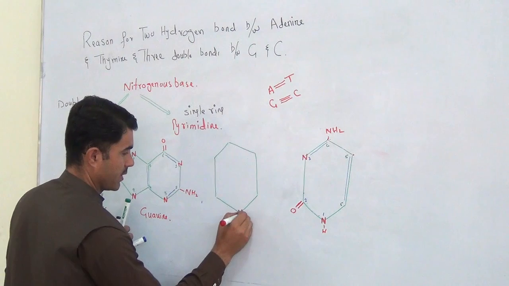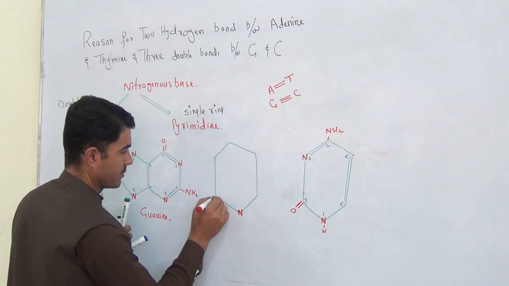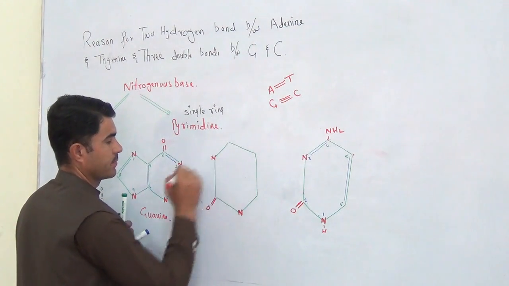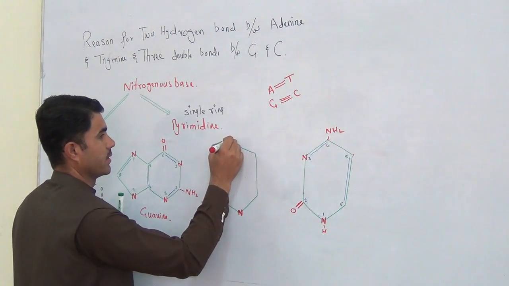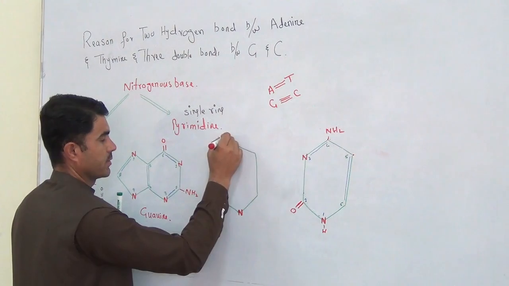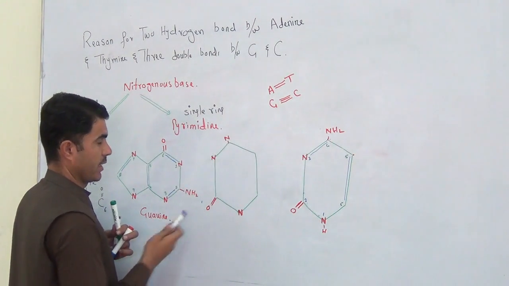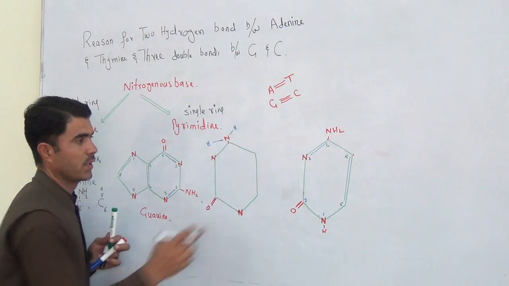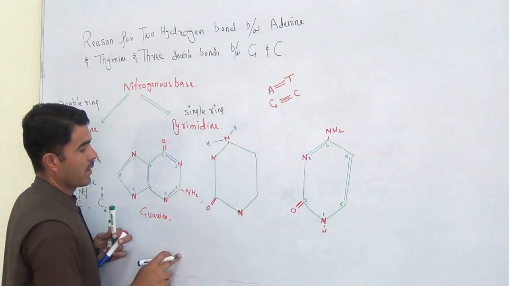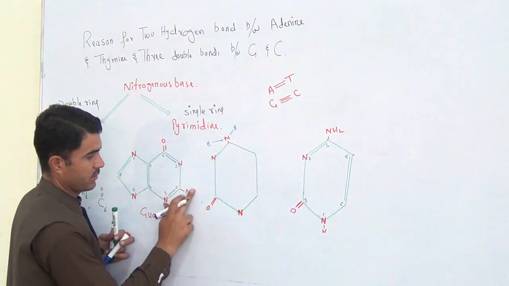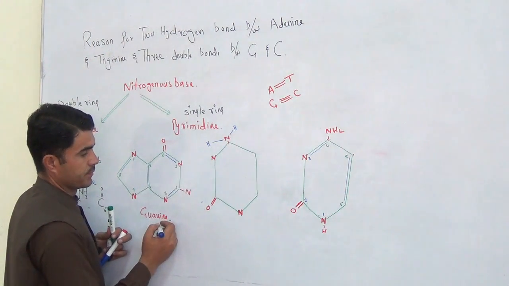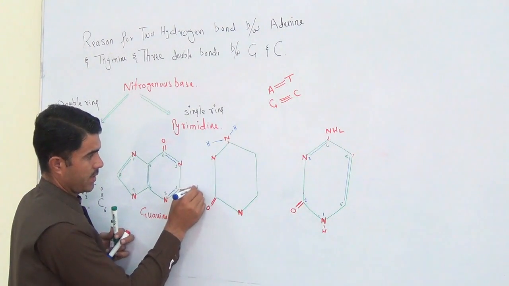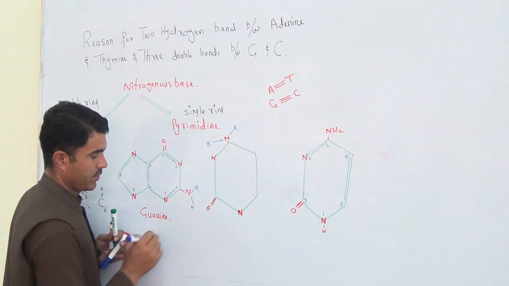We have a nitrogen here, we have a double bond O here, we have nitrogen here, and again nitrogen, but the H2 will be shown like this. This is one H and this is another H, NH2. Here is nitrogen, and this nitrogen will again be shown with H.